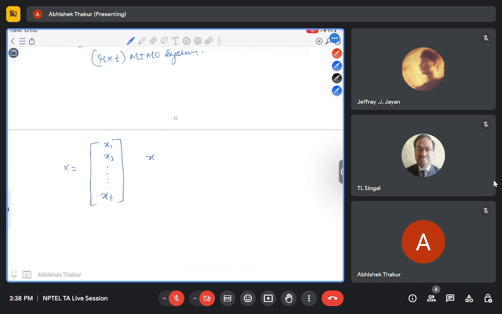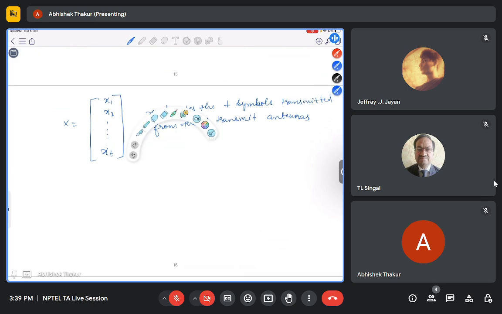So X denotes the T symbols transmitted from the T transmit antennas, and Xi denotes the symbol transmitted from the ith transmit antenna.